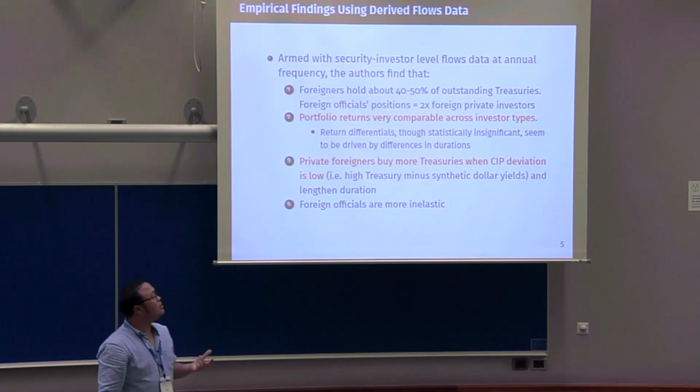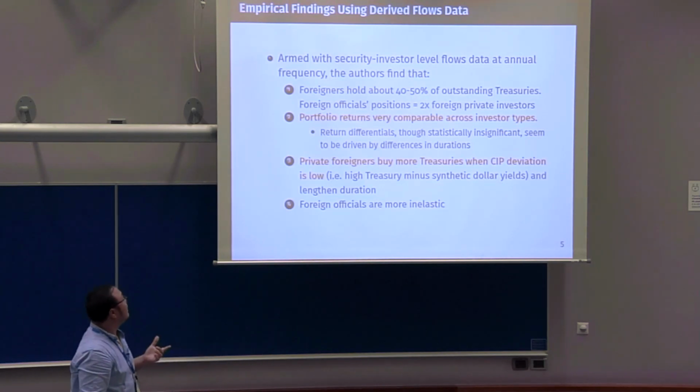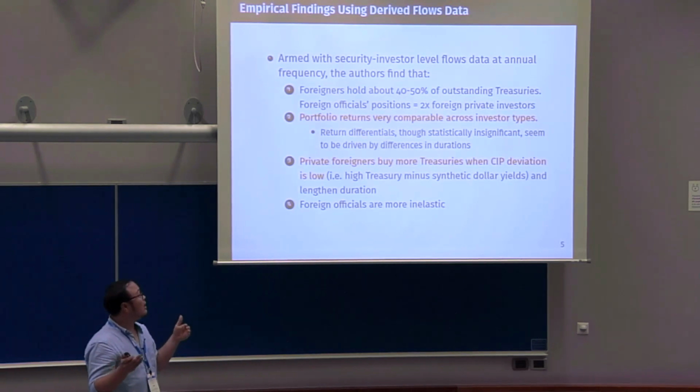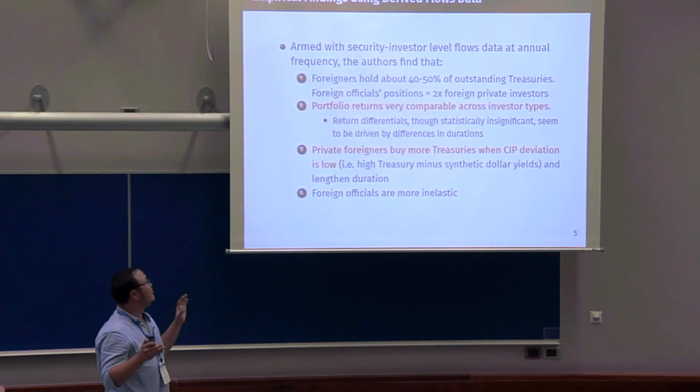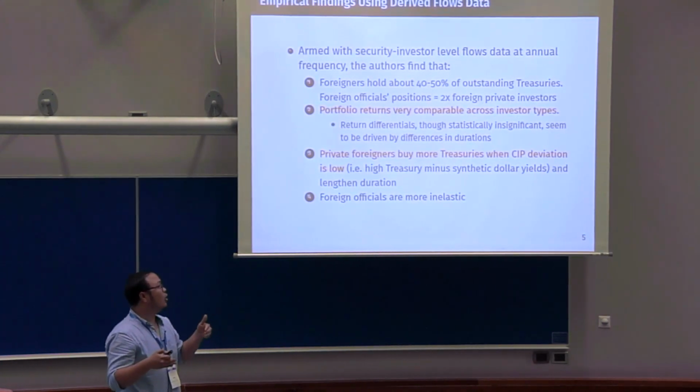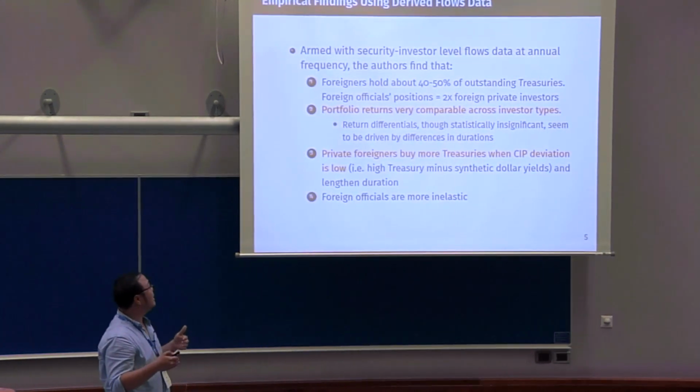So armed with this security-level flows data, the authors find a lot of facts on foreigners' portfolio of treasuries. Well, first, in terms of size, foreigners hold about 40 to 50% of outstanding treasuries. That's quite a lot. And then foreign officials typically hold twice as much as foreign private investors.